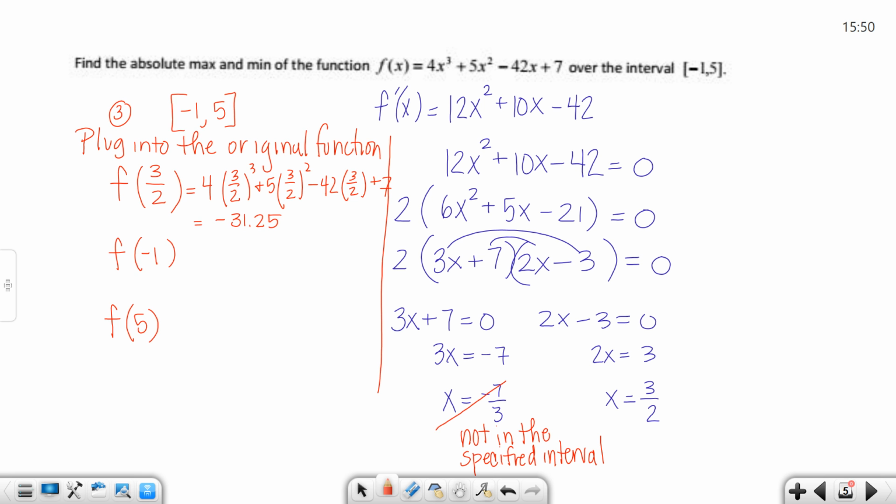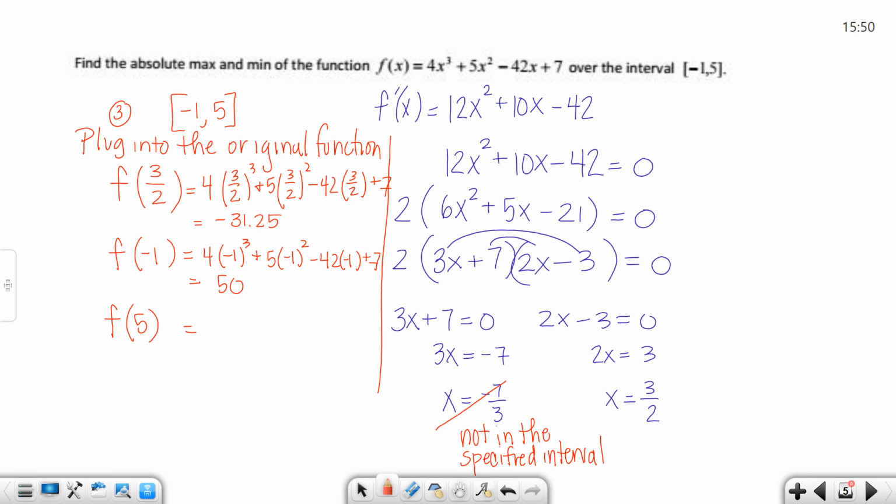The next thing that you would plug in is -1. So that would be 4 times -1 cubed plus 5 times -1 squared minus 42 times -1 plus 7. And if you plugged all of that in, you would get 50.